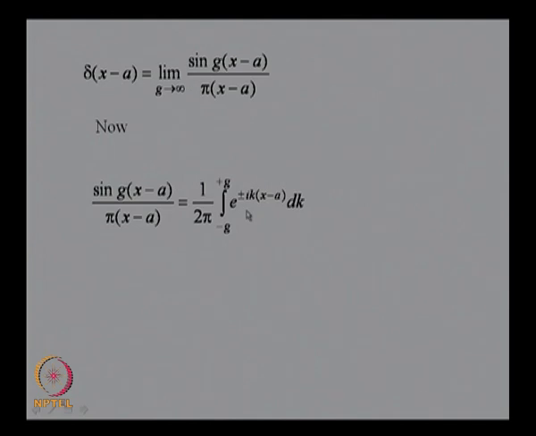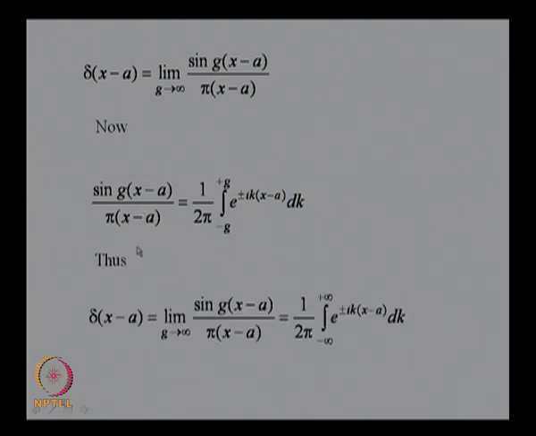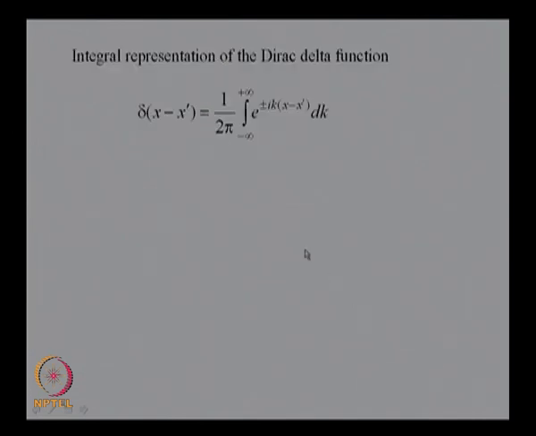If I carry out the integration on the right hand side, which is very simple, I will get the left hand side. So if I make g tend to infinity, the limits will become from minus infinity to plus infinity. So I have delta of (x minus a) equal to this expression. This is known as the integral representation of the Dirac delta function.